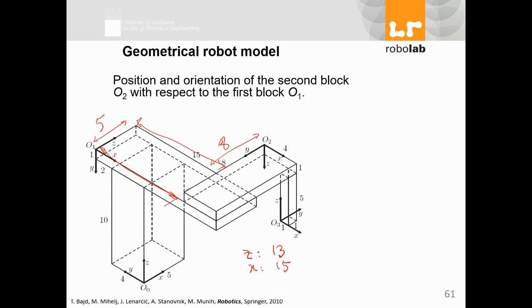And in the Y direction, I think we have only one because of the thickness of this segment. So if I rearrange it, X, Y, Z will be 15, 1, 13.